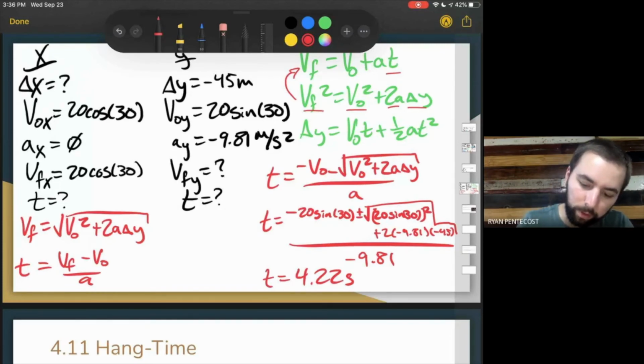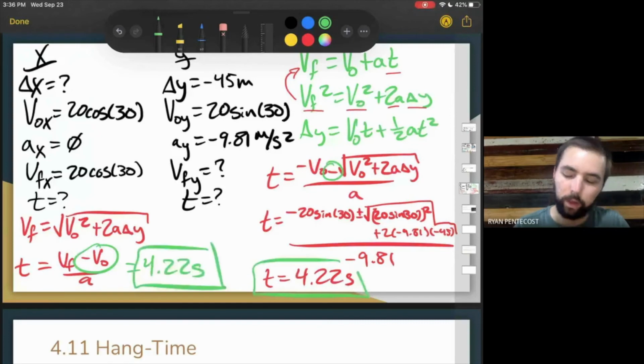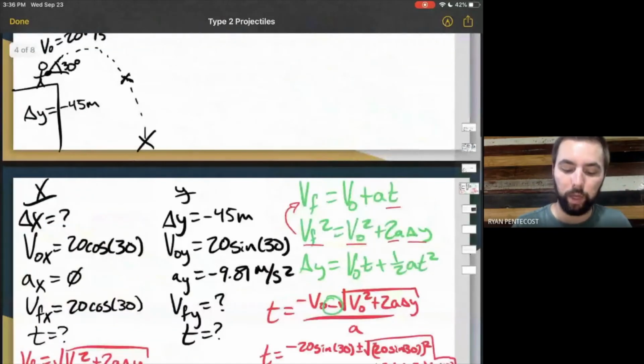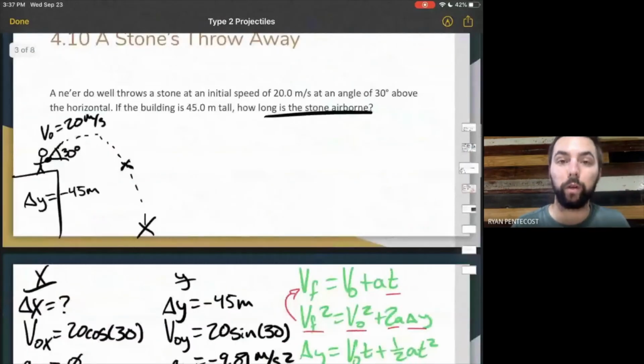So this will be negative right there. We already have the negative, it's all the same thing. So that will also equal 4.22 seconds. Isn't that nifty? Isn't math just crazy how that works out? All right, so the stone is airborne for 4.22 seconds before it hits the ground.